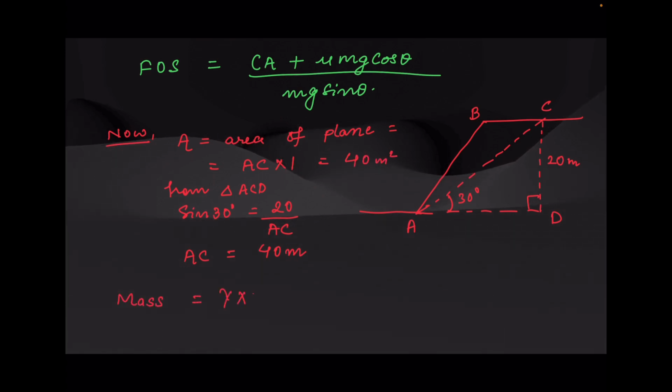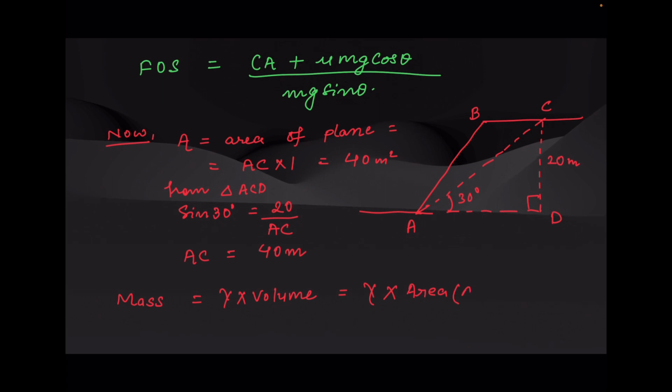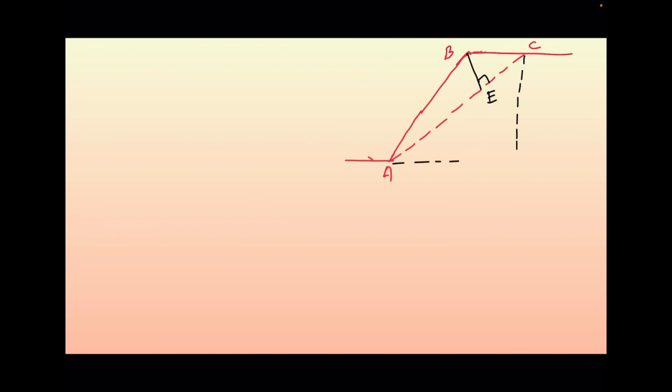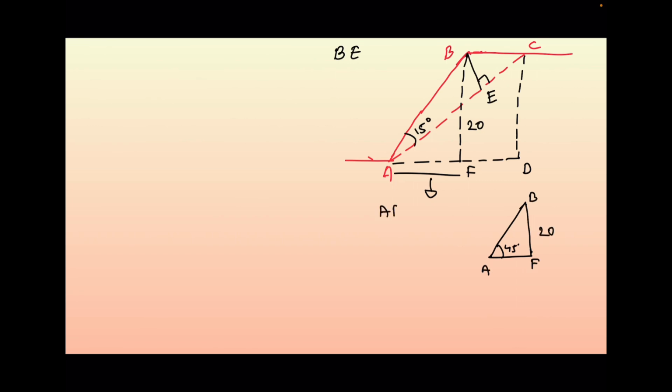Mass can be given by unit weight into volume, and volume can be given by area of ABC into 1. Now you have to find the area of ABC. To calculate the area of ABC, we consider half into AC into BE. BE is the height, which is unknown, and we can calculate it using the triangle.